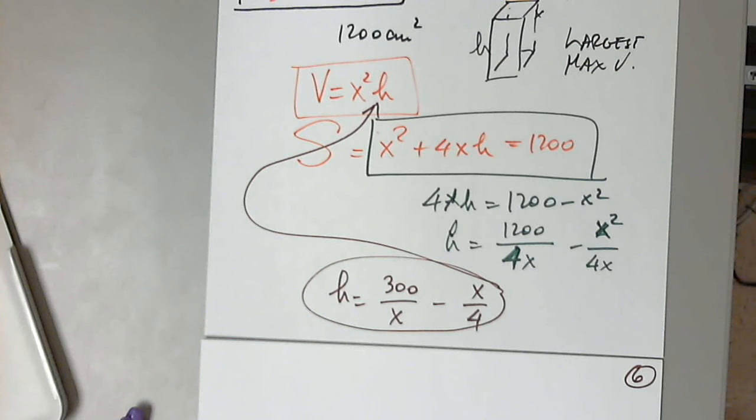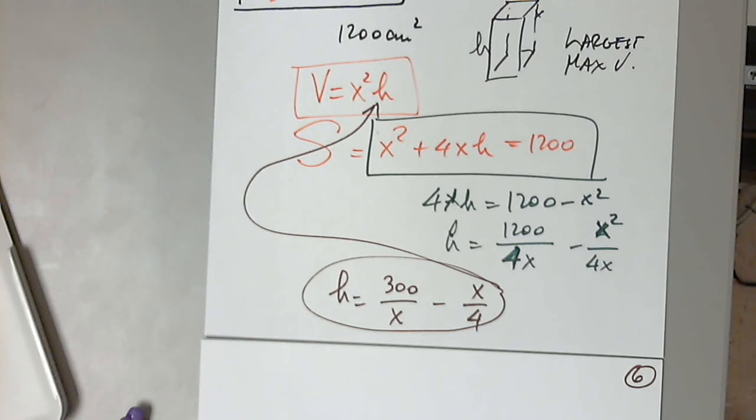Everything okay so far? How did we get the 300 over x? I simplified by 4, 1200 divided by 4, to simplify it as much as possible. And I took away an x and an x. Gotcha. And now I plug it in.